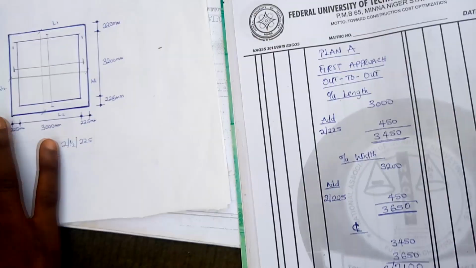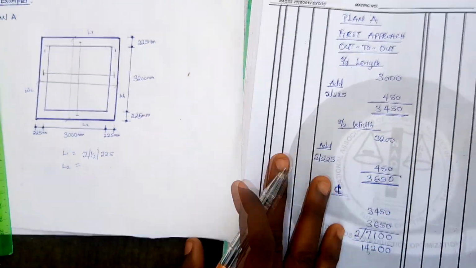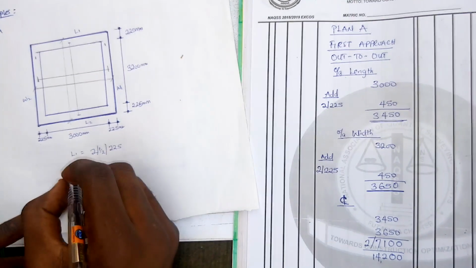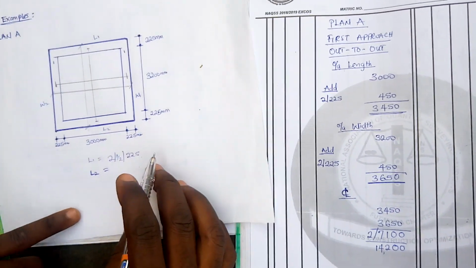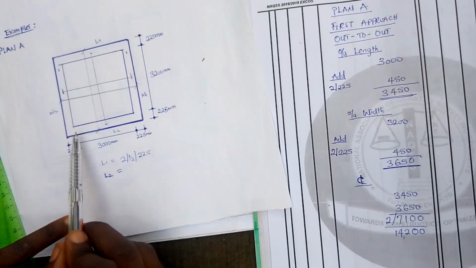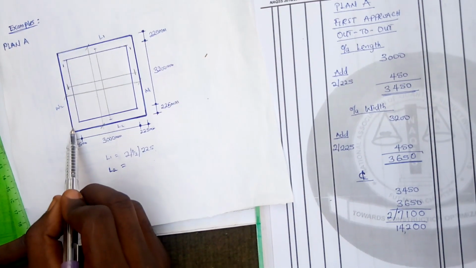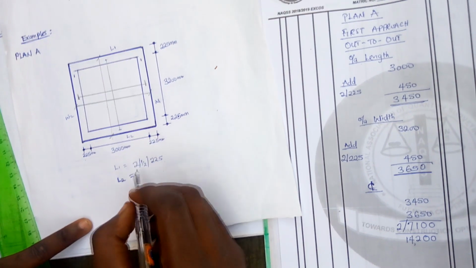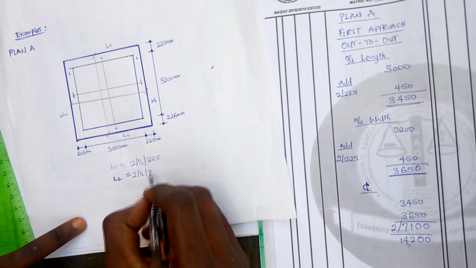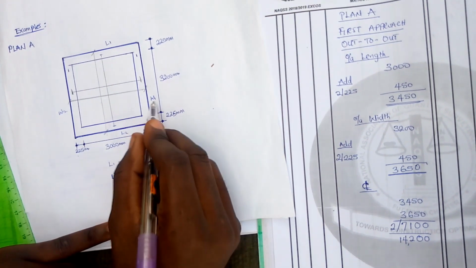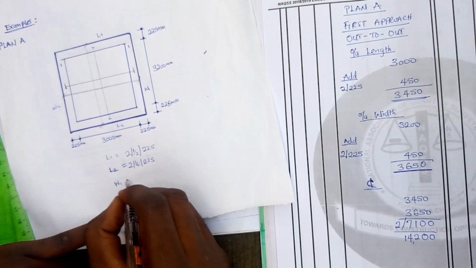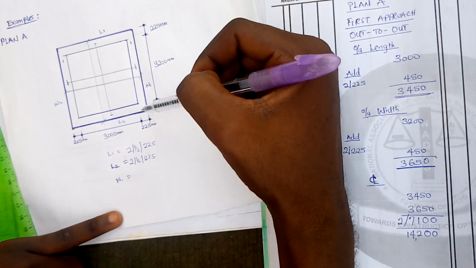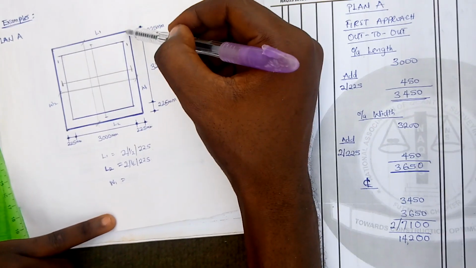Now let's take a closer look at this. For length 2, I need to also carry out deduction of half of this block thickness and half of this block thickness, making it another 2 by half of 225. Now for width 1, the width is given as the dimension from here to here, but our mean girth is not going to start from here to here.